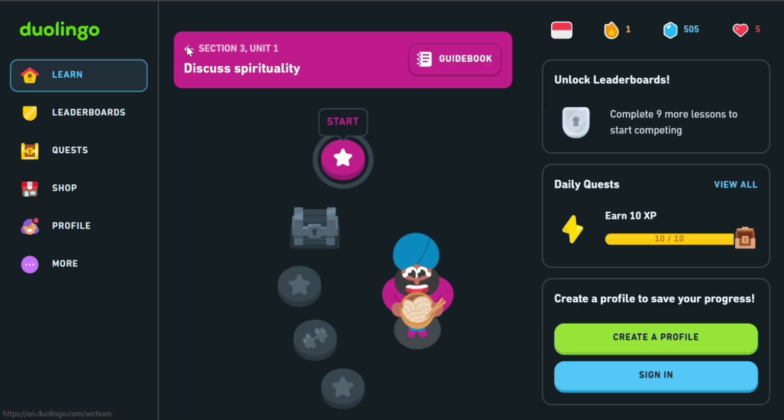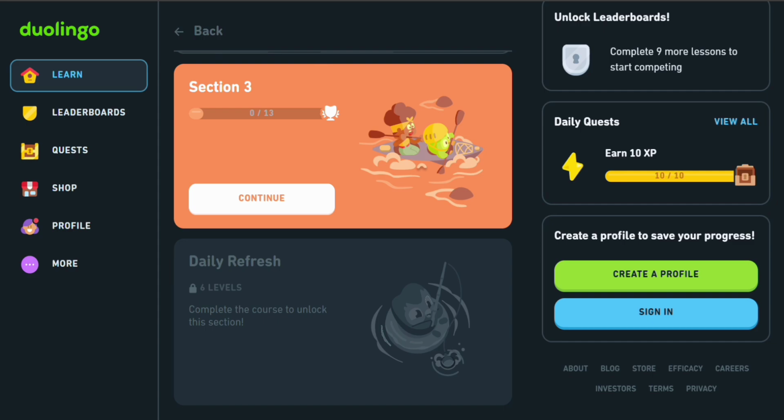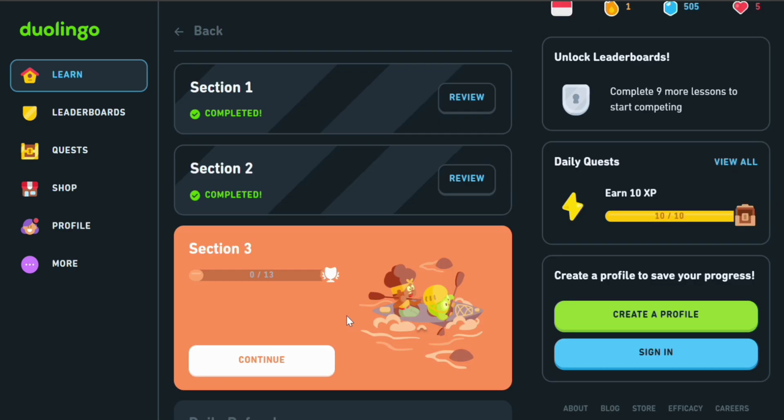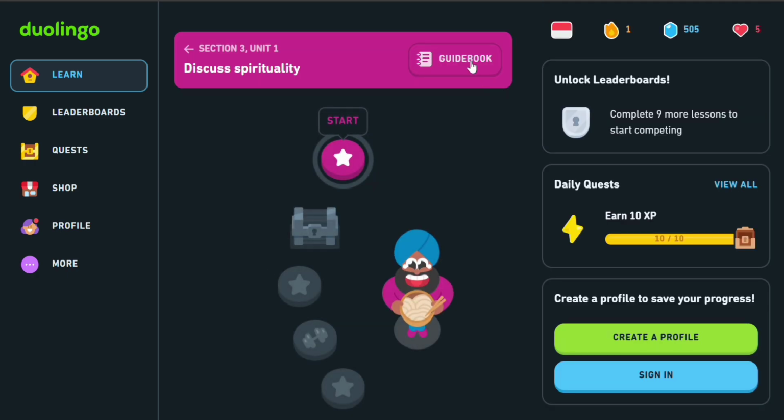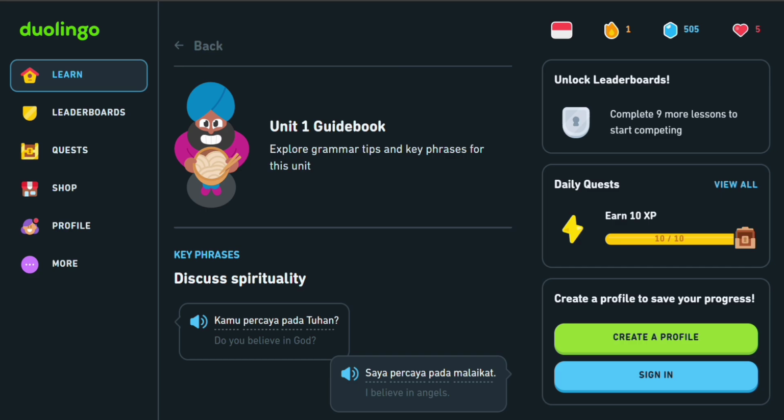So here, I was right. There's only 3 sections. So as you guys can see here, there's only 3 sections for the Indonesian language. So let's just click on section 3. So from what I've seen is that the guidebook for the Indonesian language is not at all that helpful.